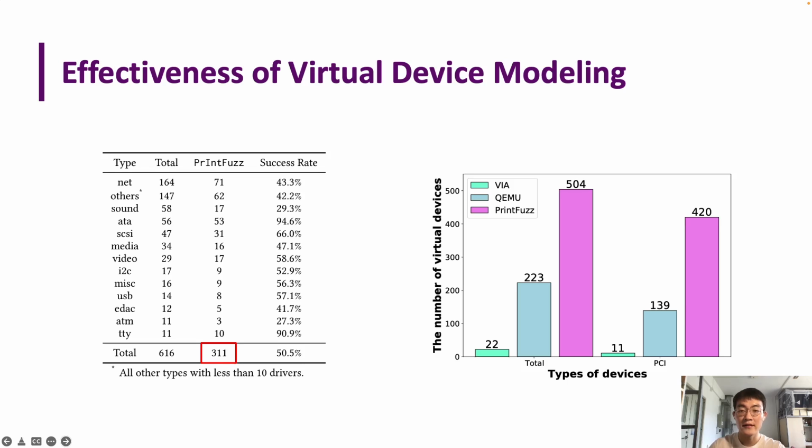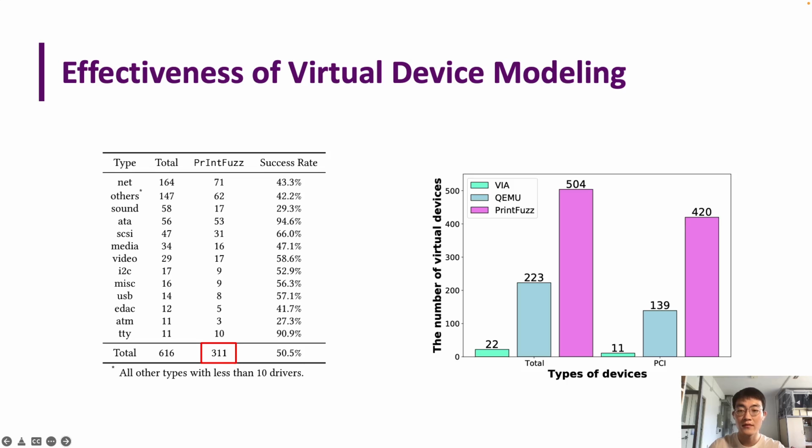First, we evaluate the effectiveness of virtual device modeling on the latest Linux kernel. PrIntFuzz has successfully simulated 311 PCI devices, with a success rate of 50.5%, and we compare the number of devices that PrIntFuzz can simulate with QEMU and the state-of-the-art fuzzer VDF.